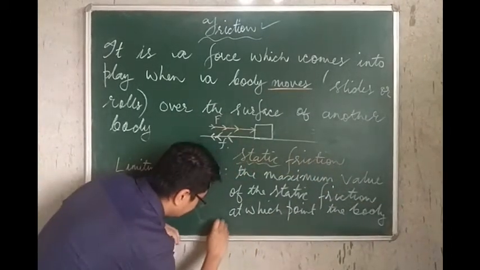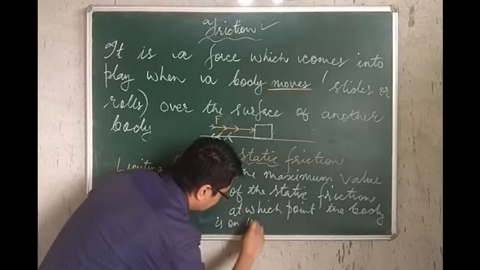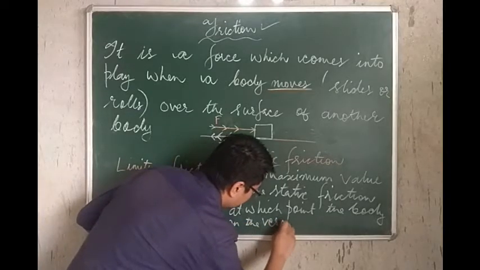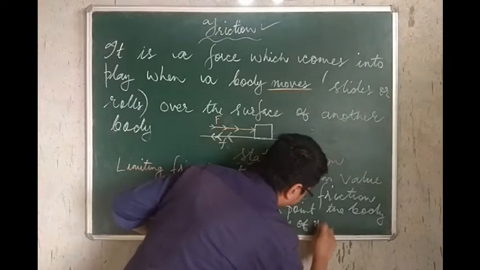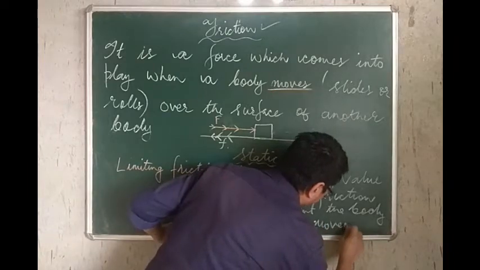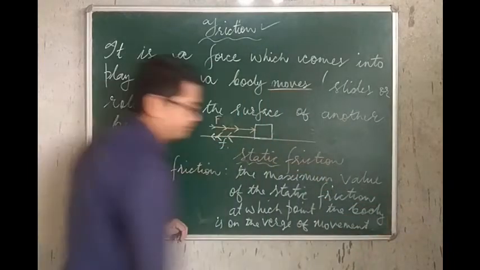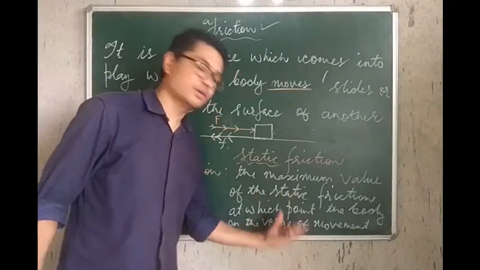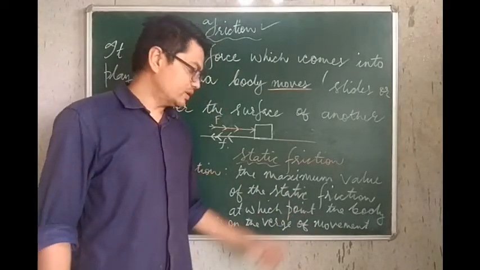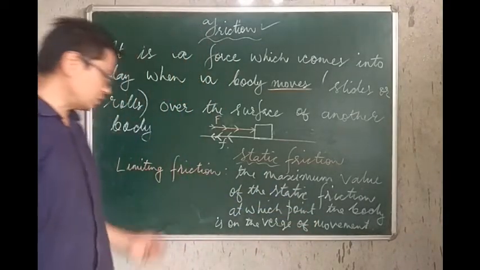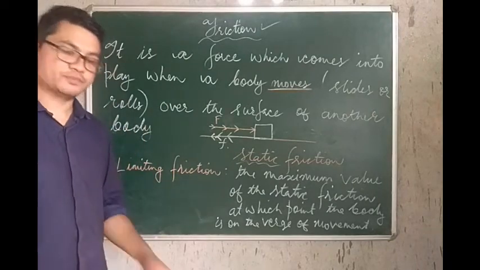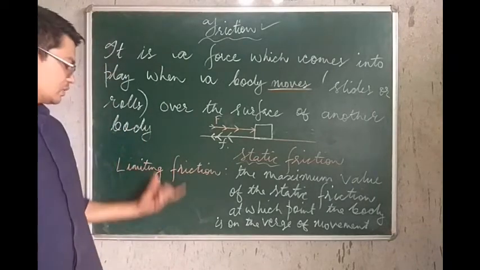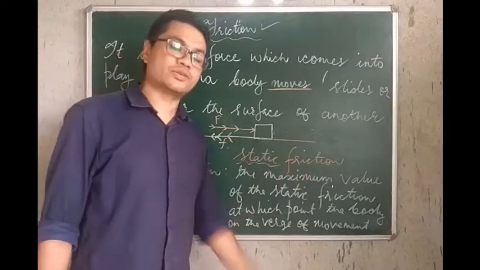The body is on the verge of movement. Okay, this maximum value of static friction when the body is on the verge of movement is what is called limiting friction. Okay, don't get confused. Limiting friction is also static friction, remember.